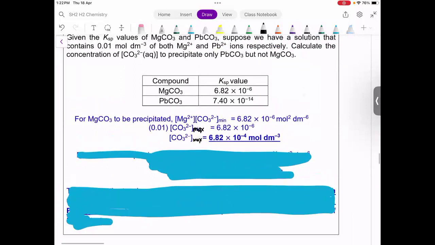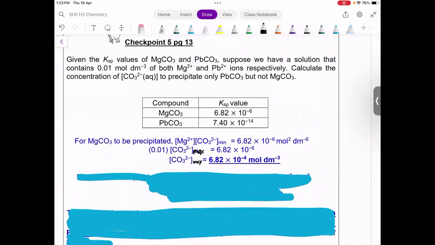But why do you need to calculate that? The main question stem is only asking to calculate the concentration of carbonate to precipitate only lead carbonate, but not magnesium carbonate. That's why I blanked it out. It's not answering the question.